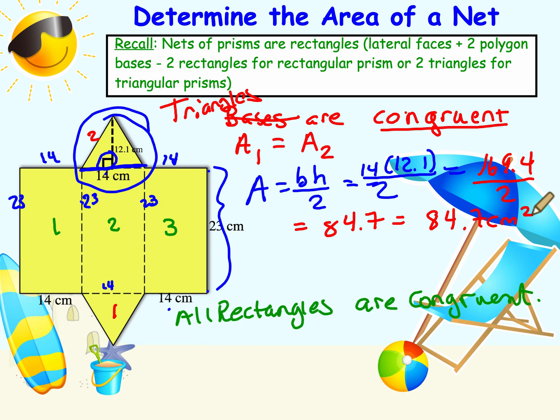Okay, now we're going to find the area of one rectangle. So for the area of one rectangle, I know that the area of a rectangle formula is the base times the height.